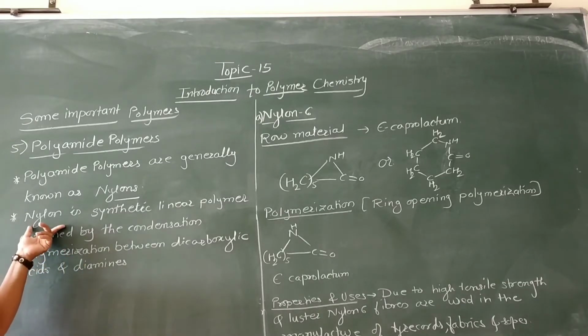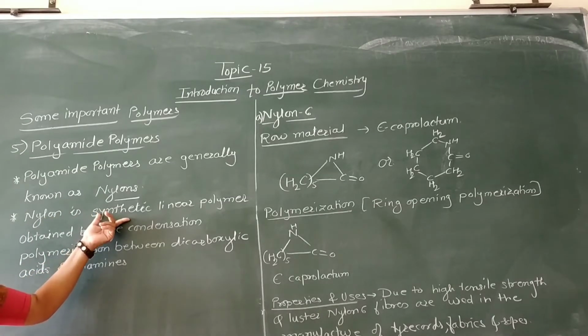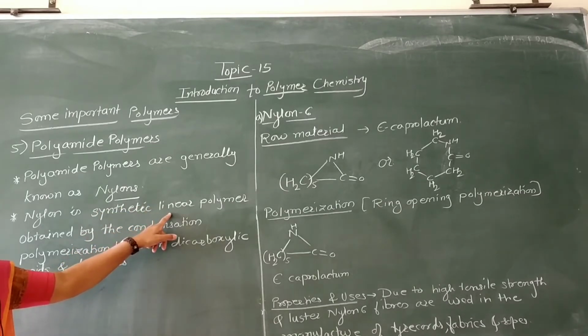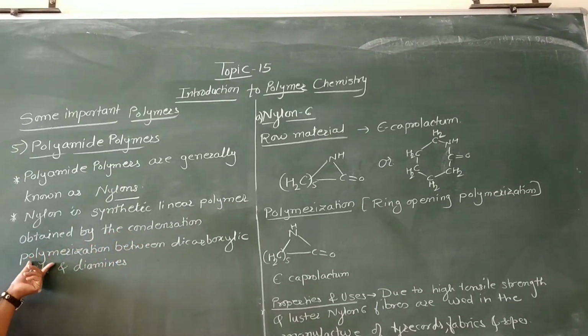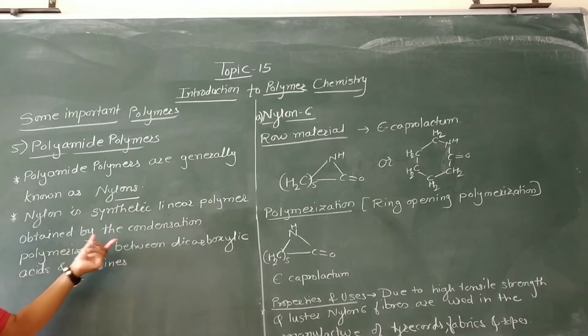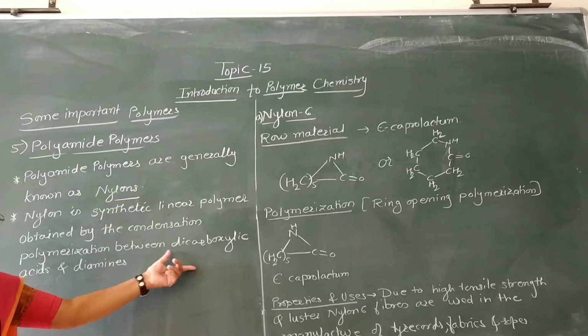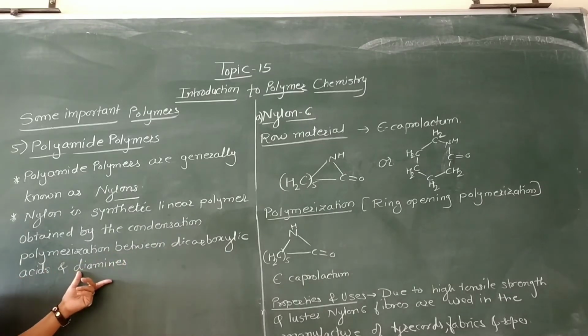That is, these nylons are synthetic, man-made polymers, and they are linear, straight chain polymers obtained by condensation polymerization between dicarboxylic acid and diamines.